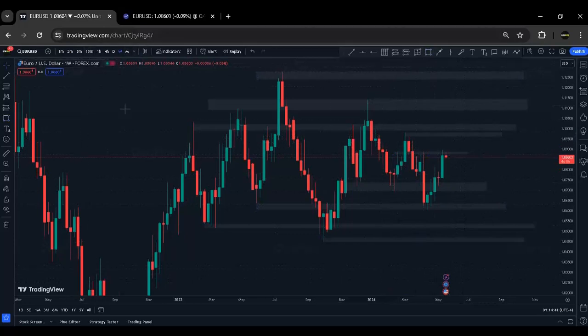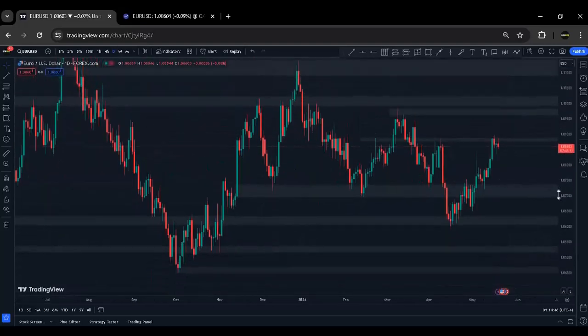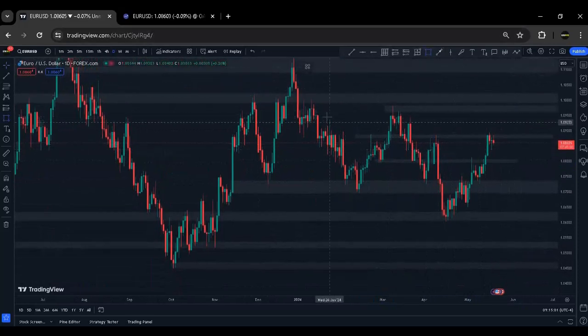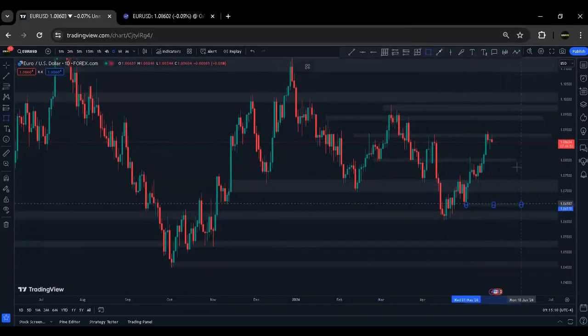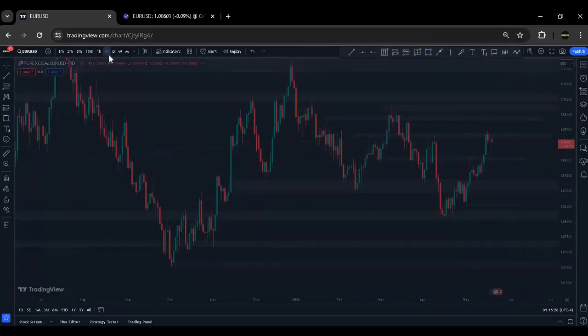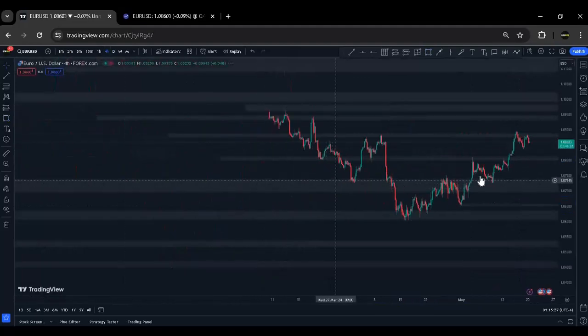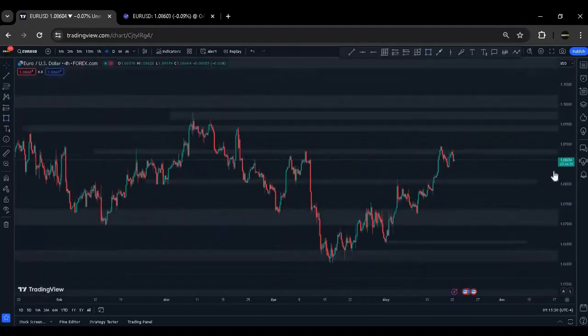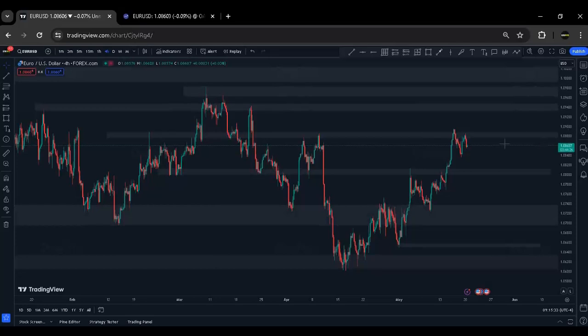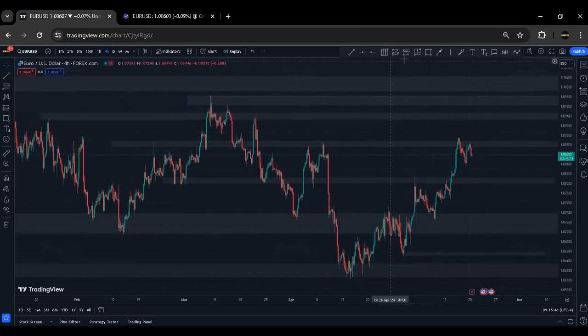So from the weekly time frame, we'll go down to the daily time frame. And from the daily we'll go down to the 4 hour. And on the 4 hour, as you can see, damn near all the levels have been marked. Price is somewhere around this level.